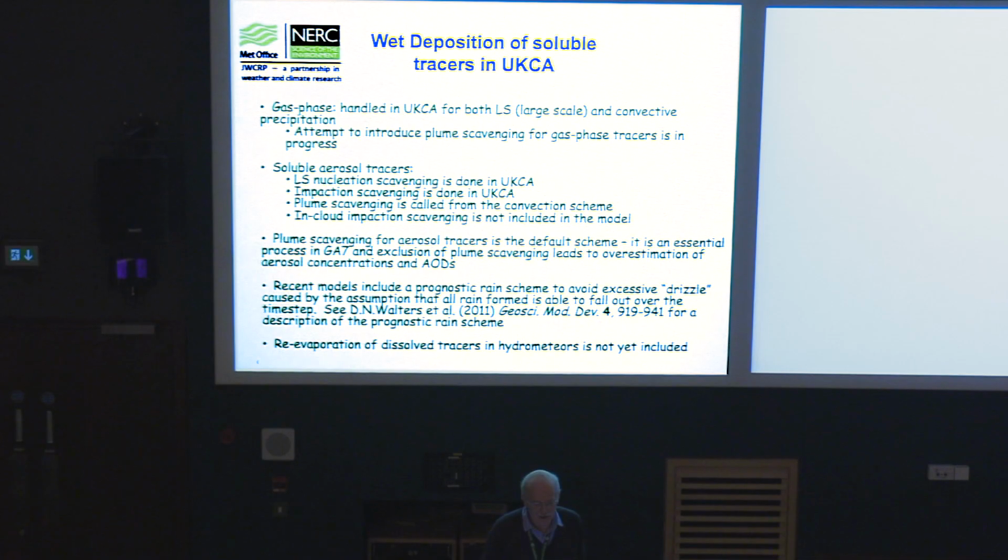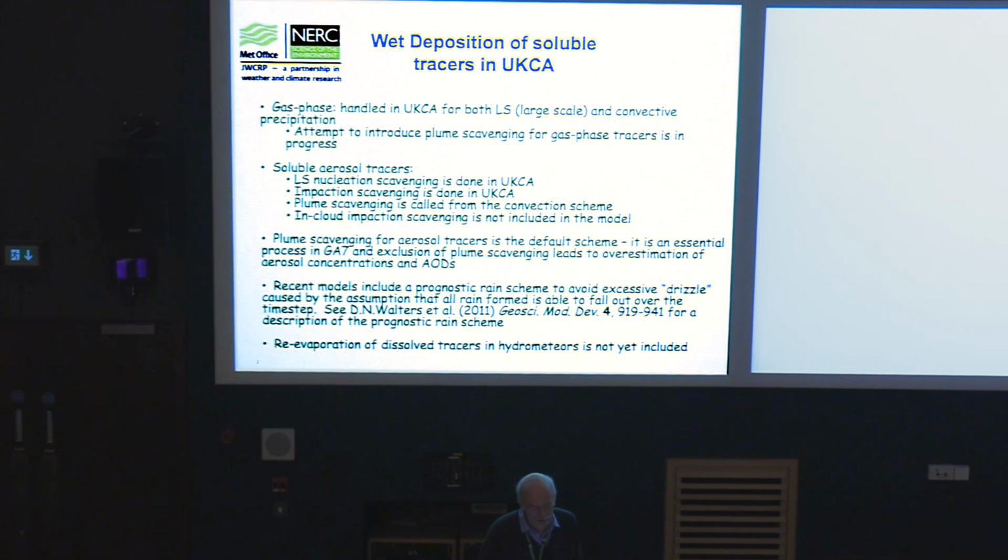With the soluble aerosol tracers, the large-scale nucleation scavenging and impaction scavenging are done in UKCA, obviously using data imported from the precipitation schemes. Impaction scavenging is aerosol speak for the wet removal due to rainfall, rain intercepting the aerosol particles.